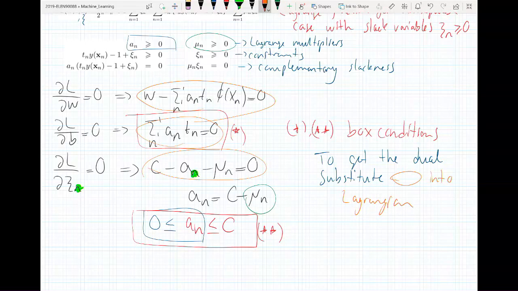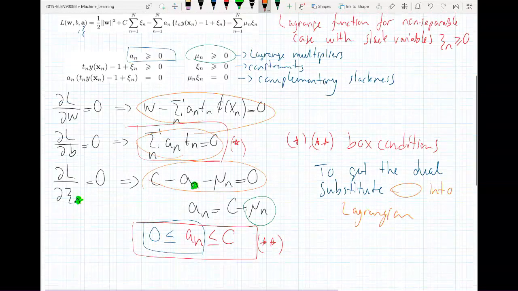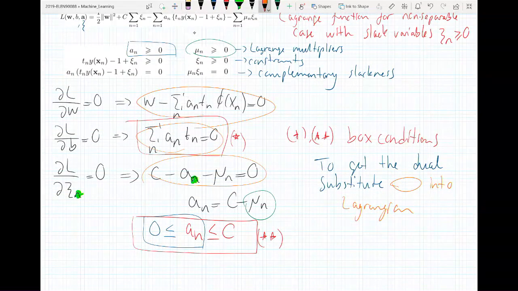They zero out a lot of the terms. W equals this, you put it in. The sum of a n multiplied by 1 remains, but the sign becomes positive. So then the dual Lagrangian becomes the sum of a n minus w times w, and you get the rest of the expression that we had in the slide.